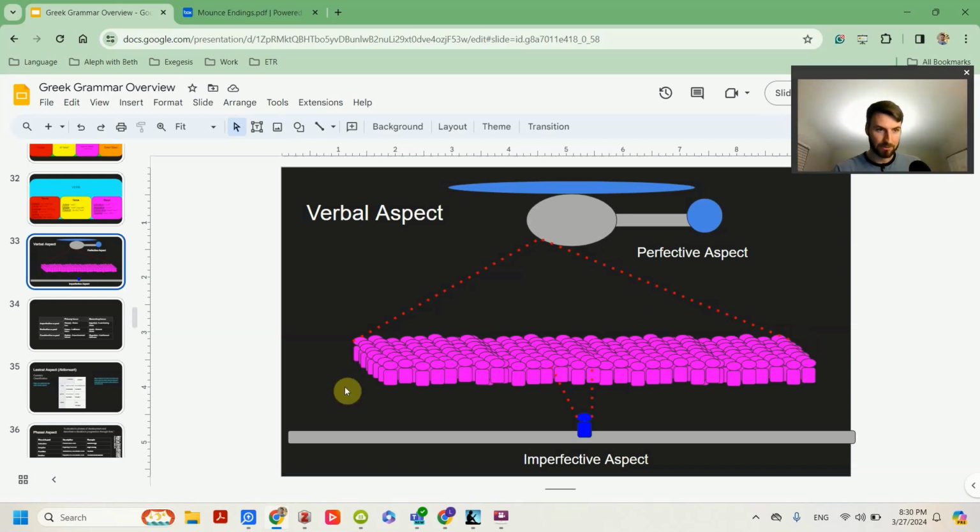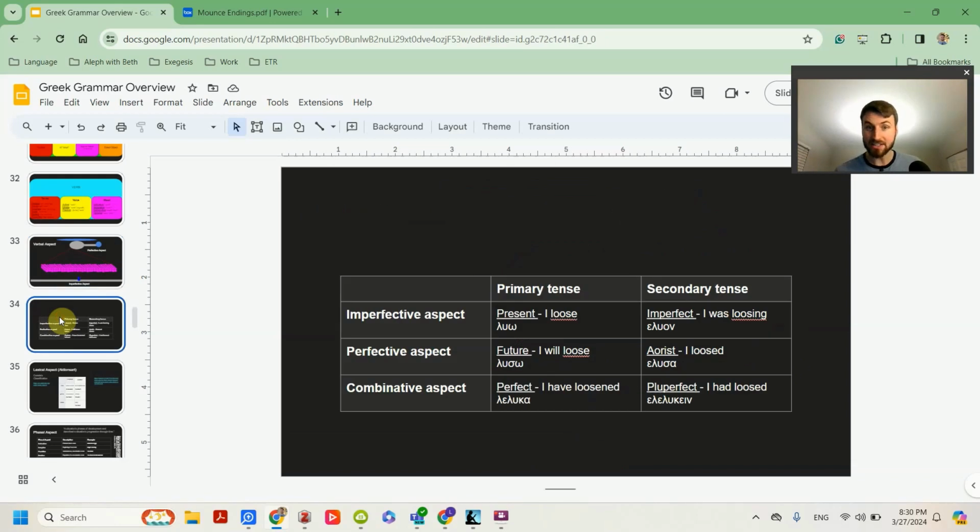The tenses in Greek can be charted based off of this imperfective and perfective aspect. The imperfective aspect types are the present and imperfect. The perfective are the future and aorist. And the combinative are the perfect and pluperfect.